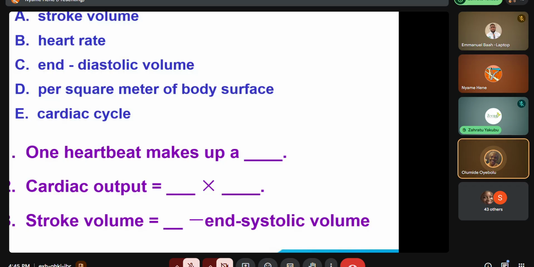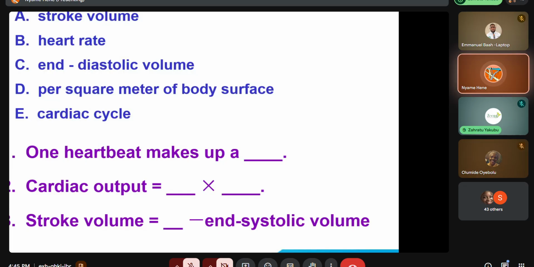When your heart beats, one heartbeat makes up a cardiac cycle.